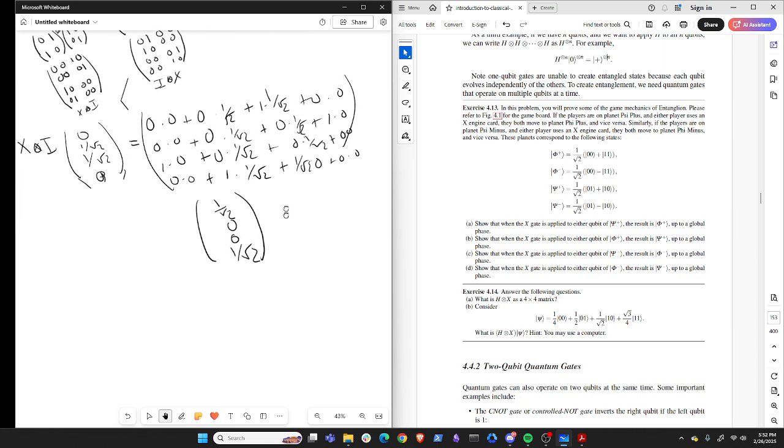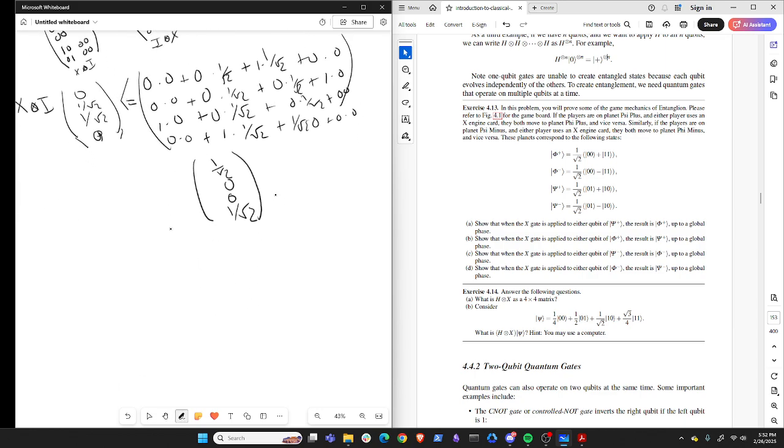Which gives us, we can extrapolate the amplitudes for our states here. This is 0, 0, this is 0, 1, this is 1, 0, and this is 1, 1. So our new superposition is 1 over square root of 2, 0, 0, plus 1, 1.